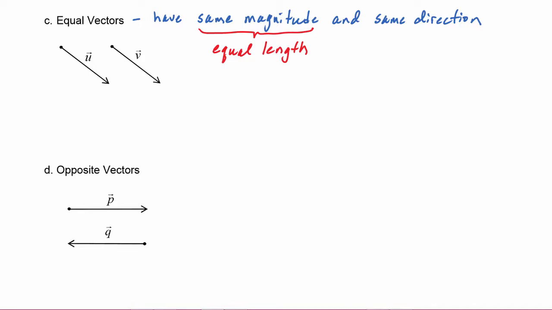And the way that you tell that two vectors are going in the same direction is that those vectors will be parallel to each other. So when we look at this picture here, we can see that vector u and vector v have the same lengths, and they appear to be parallel to each other. So in this picture, we can say that vector u is equal to vector v.